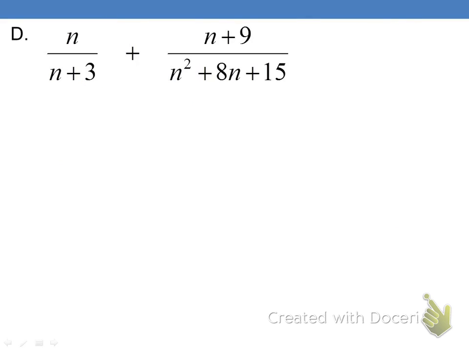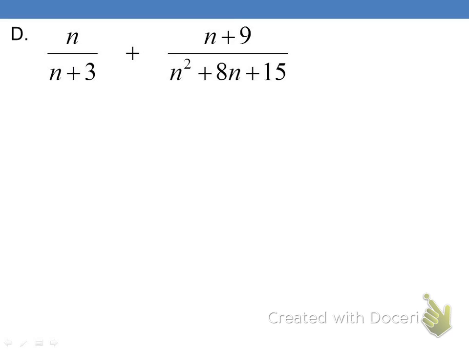All right, part D. n over n plus 3 plus n plus 9 over n squared plus 8n plus 15. What shall I do? We first need to see what is going to make up our LCD.